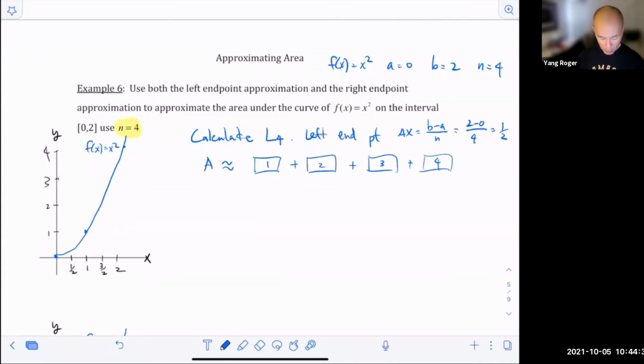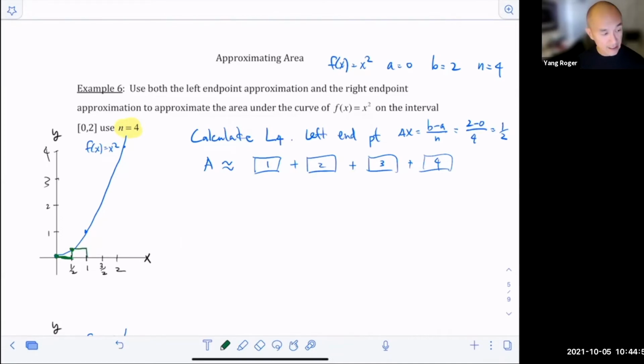So why don't we draw our rectangles on this picture here? My first rectangle, I'm using the left endpoint, so the y value is 0. So that first rectangle isn't even a rectangle. It's like a horizontal line. The second rectangle comes up here.